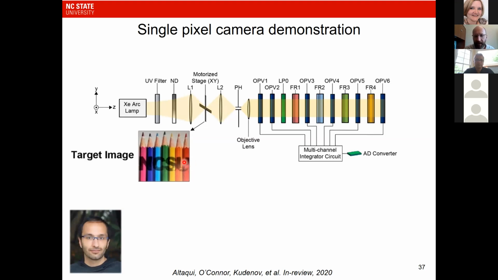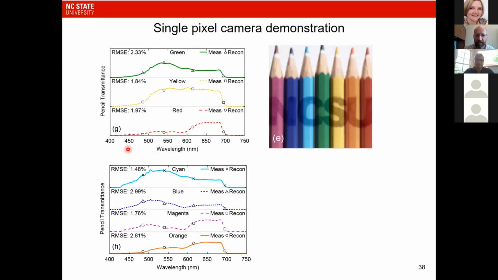And so we then scan this transparency around and focus the light into this single pixel, to image the scene, if you will. These are the results. This is the image of the pencil being imaged by this simple sensor concept.